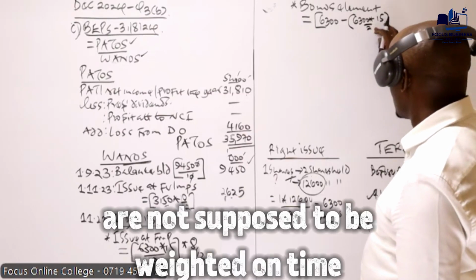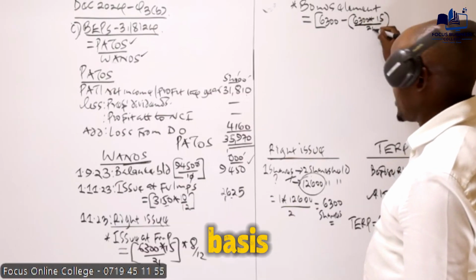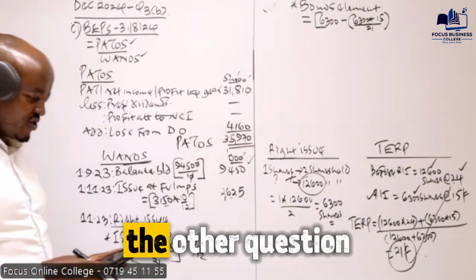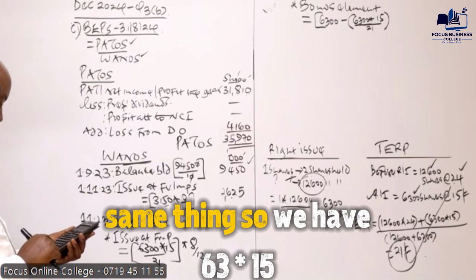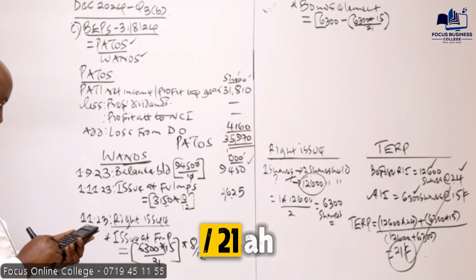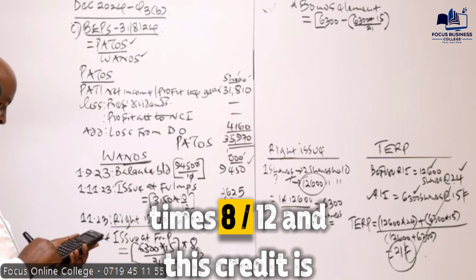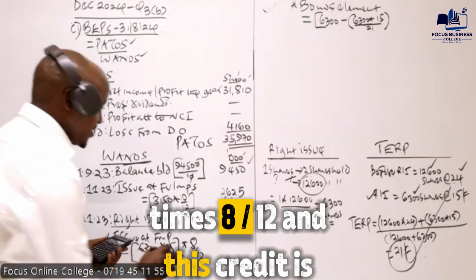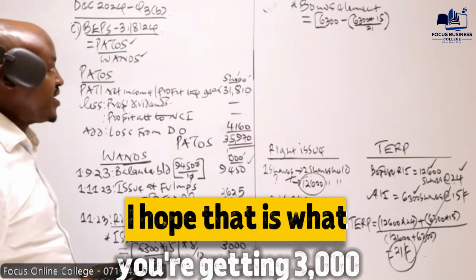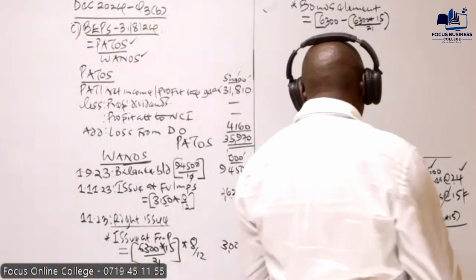These shares are not supposed to be weighted on a time basis. If you check what we did in the other question, it is the same thing. So we have 63 times 15 divided by 21 times 8 divided by 12, and basically this comes to 3,000. I hope that is what you're getting.